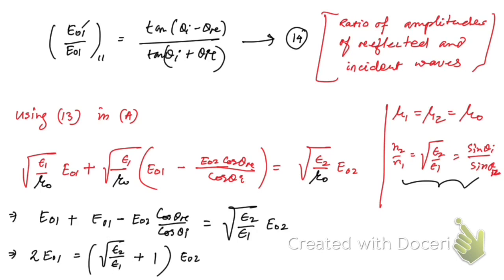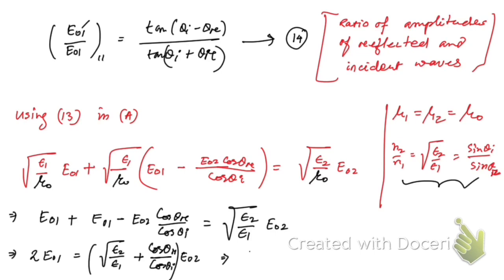Sorry, I made a mistake, I think. Here it's supposed to be cos theta r by cos theta I. I forgot to write that. Let me write it again: cos theta r by cos theta I. That's what we get.